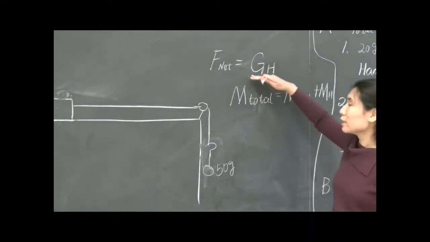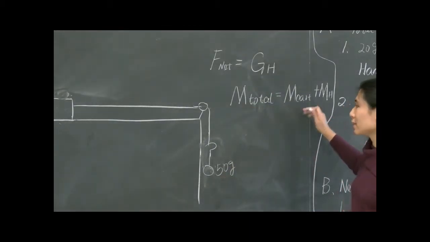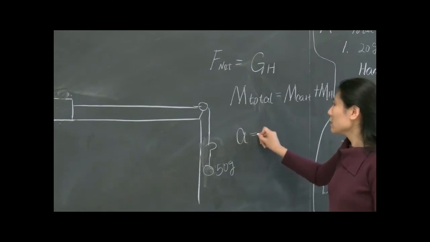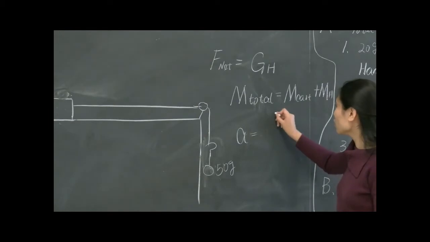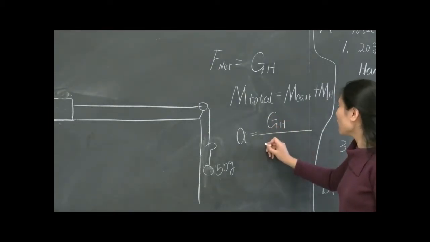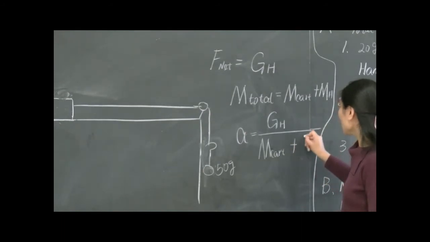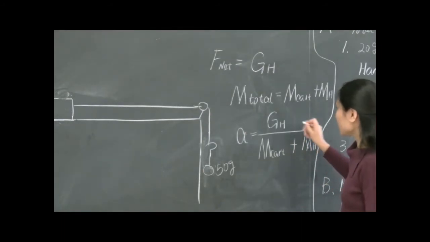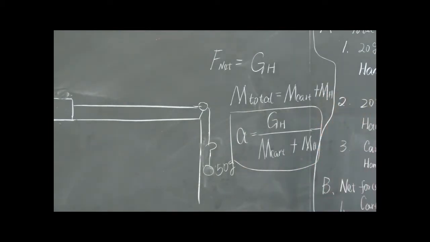So now, if we know the gravity force on the hanger side and the total mass of the system, then we can calculate the net acceleration of the system, which equals the force of gravity from the hanger divided by the total mass on the cart plus the mass on the hanger side. So this is the acceleration in this measurement setup.